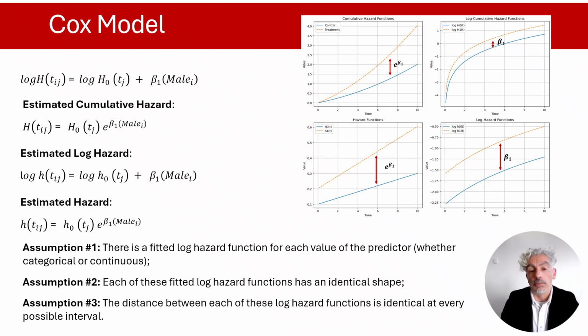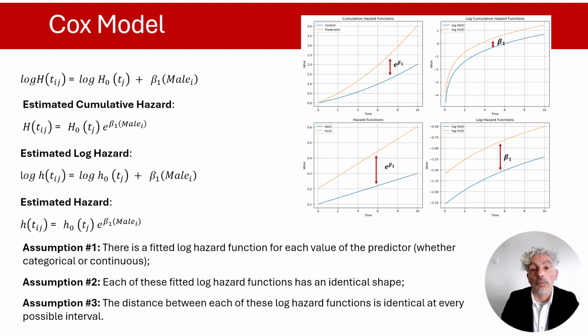And also, when we have more than one predictor, we assume that there are fitted log hazard functions for each combination of the predictor's values. Then the other assumption is that each of these fitted log hazard functions has an identical shape. So in the example we were using, we assume that the log hazard functions of male and female lung cancer patients have the same shape.